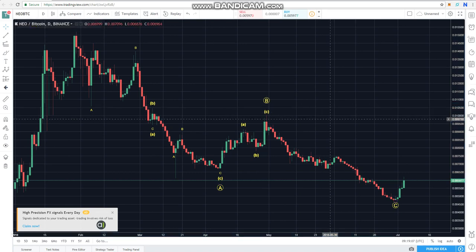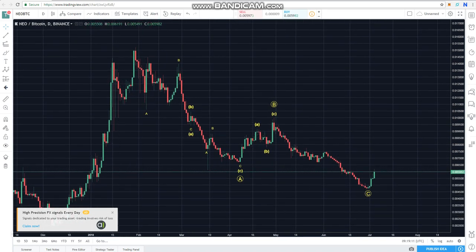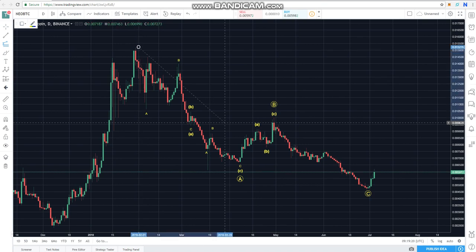So now on to the C. At this point in time, if we have the A and B in place already, it's very easy to see where the C would be going. And so a lot of times, illustrating these times, traders would be very confident in their trades.